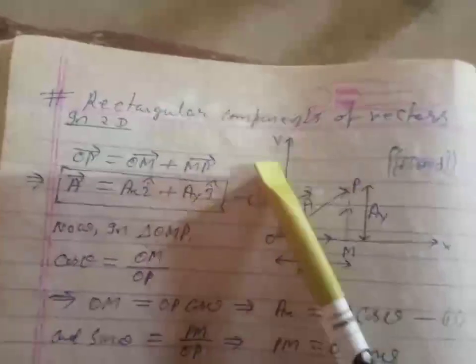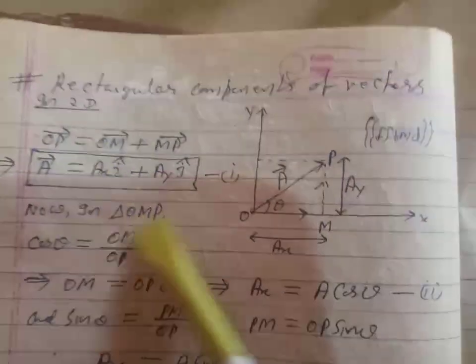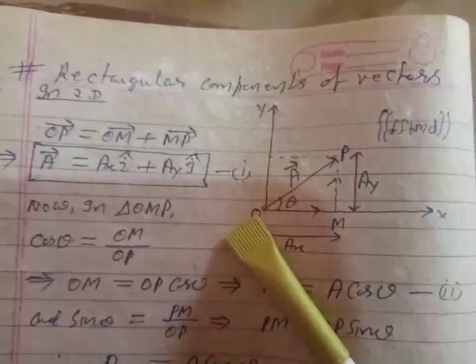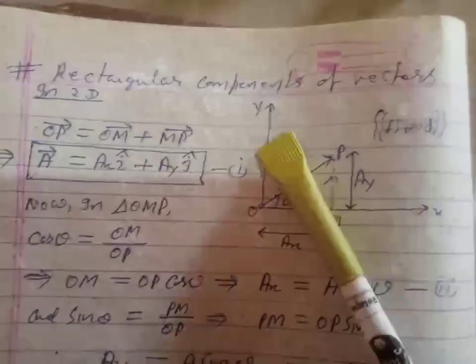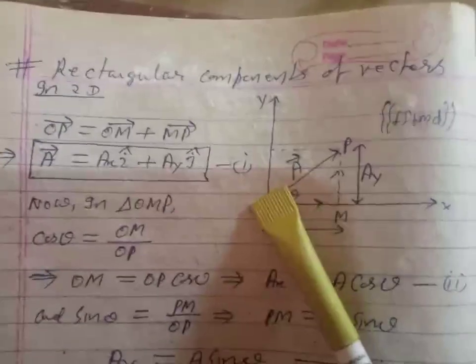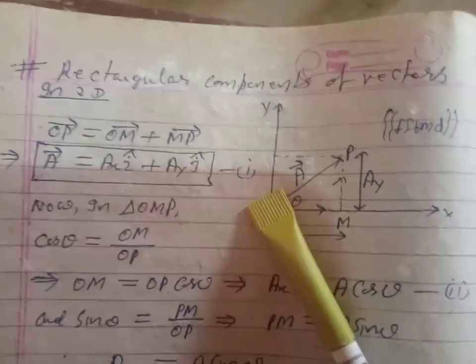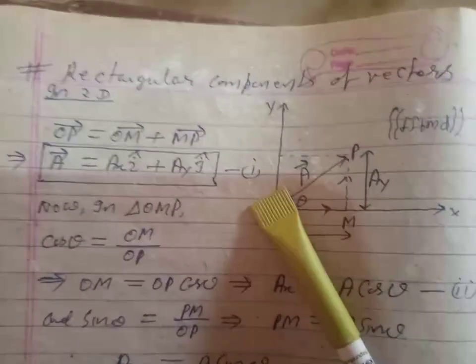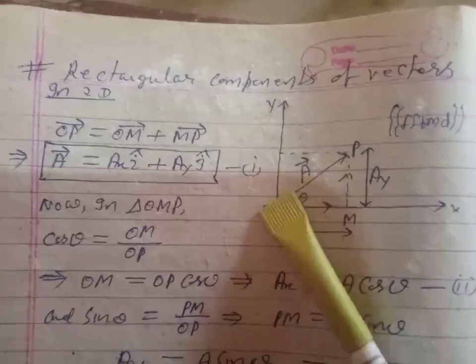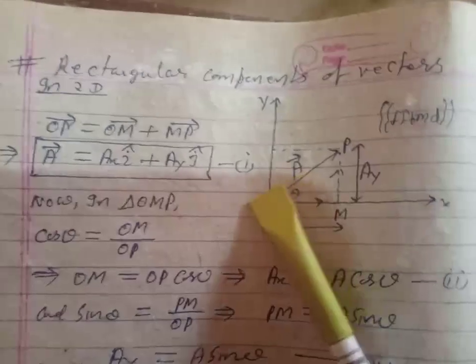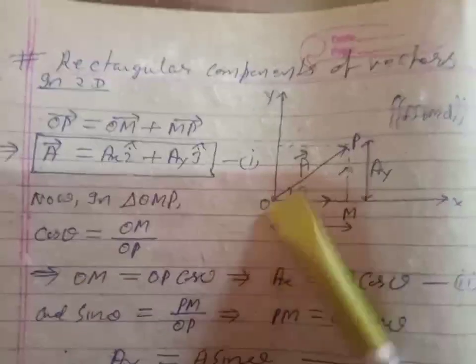Now rectangular components of a vector in 2D. Consider a vector OP vector in the xy plane. This vector can be shown as a sum of two vectors as shown in the figure.